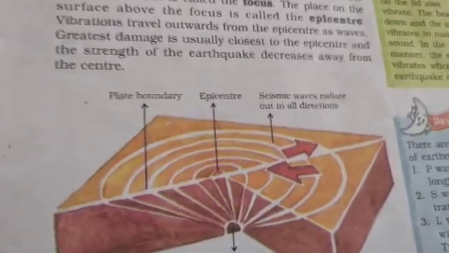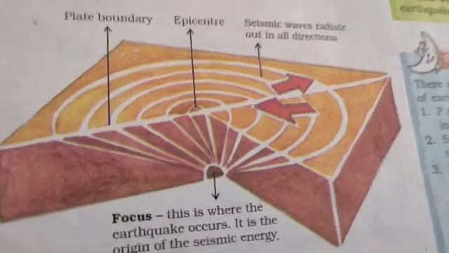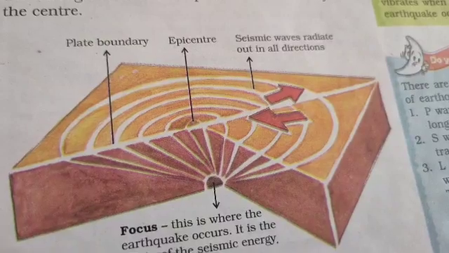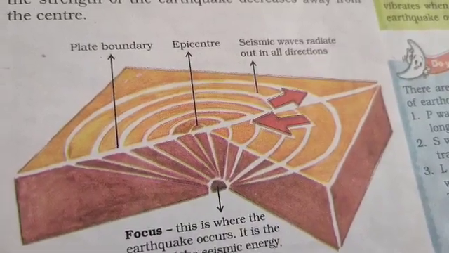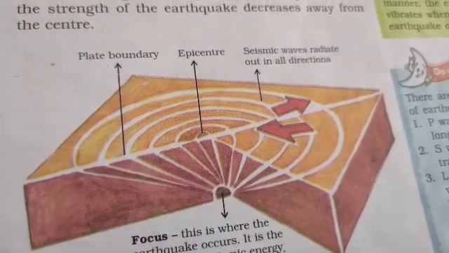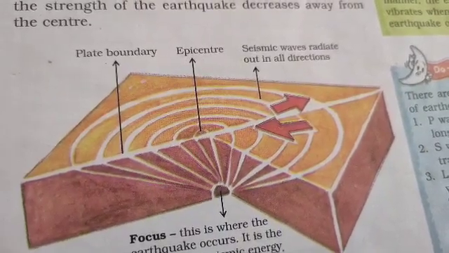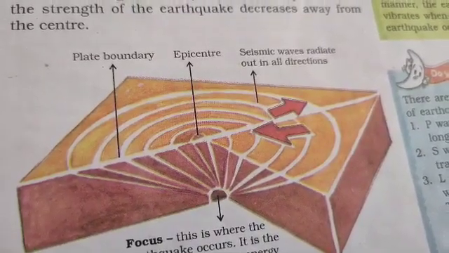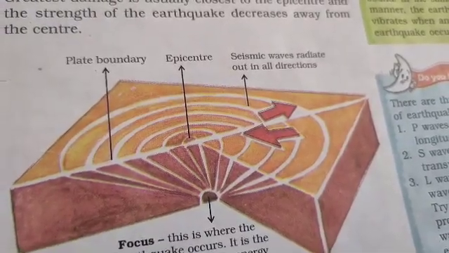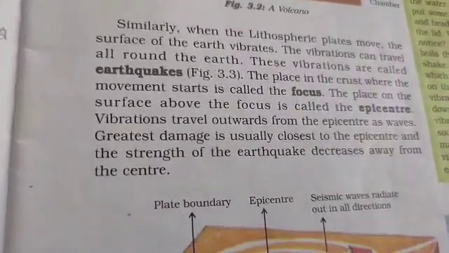Children, this is how the focus of the earthquake looks, and the waves of the earthquake go on increasing from the epicenter, the center point of the earthquake, and the plate boundaries are displaced, which produces the seismic waves that radiate out in all directions. So this is all about the earthquake.